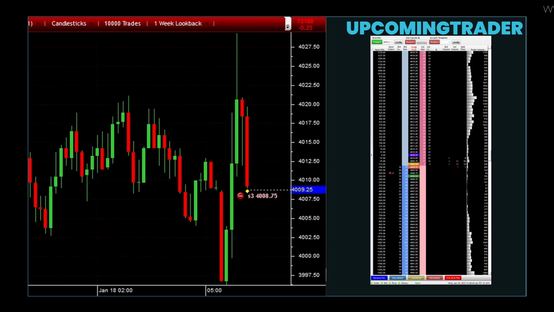The last volume indicator we are going to discuss today is called the volume oscillator. The volume oscillator shows the difference between two moving averages of volume. One moving average looks at the short-term volume, and the other looks at the longer-term volume. The volume oscillator is great for spotting when momentum is shifting.